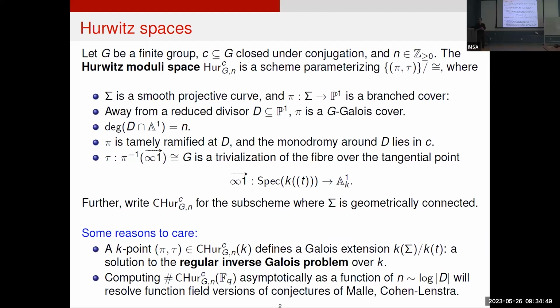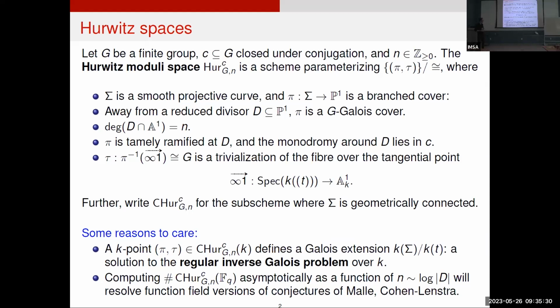If you find a K-rational point on this variety, then you solve the regular inverse Galois problem. If your field is, say, a number field, then Hilbert's irreducibility theorem in particular also gives a solution to the inverse Galois problem for that field. So that's one reason to care: the rational points of this scheme parameterize solutions to the regular inverse Galois problem. That's terrifying. That's a hard problem. And I'm not going to be focusing on that at all.